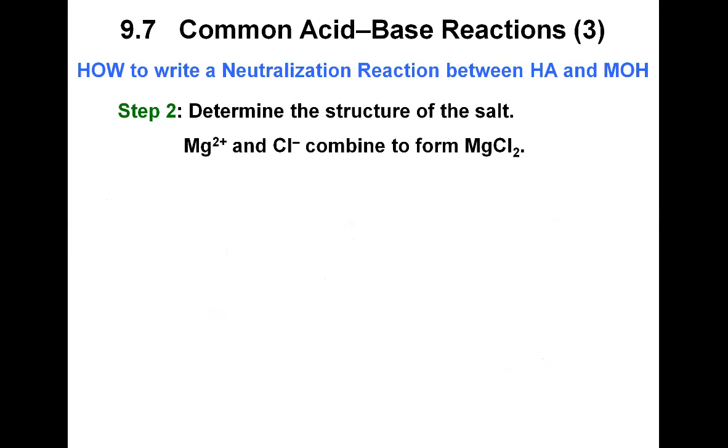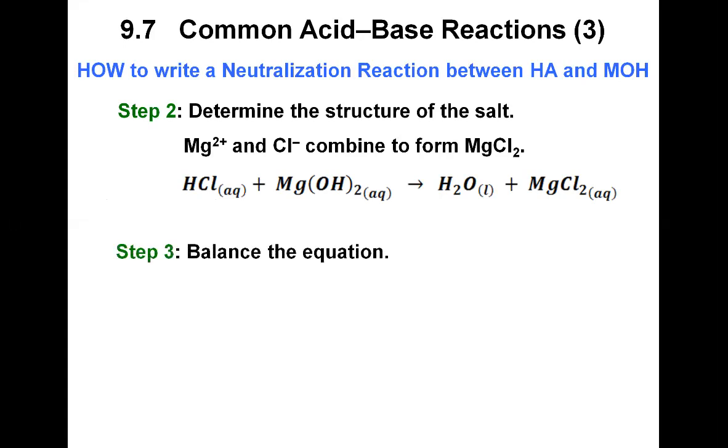And when you place them in that order, you can do the crisscross trick, and you see that the 2 from the Mg2+ will become the subscript for Cl, and then the 1 from the negative charge of Cl becomes a 1 for magnesium, which is implied, and we don't write that 1. So the formula is MgCl2. So you can add that on the side of the product. And we have HCl plus Mg(OH)2 gives water plus MgCl2.